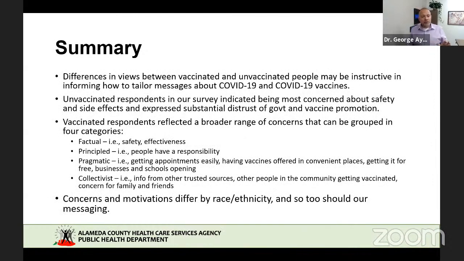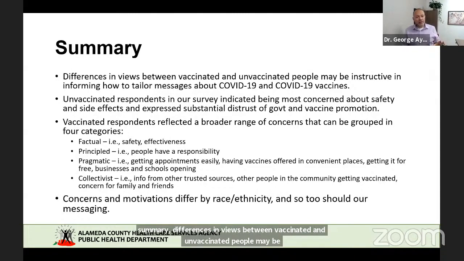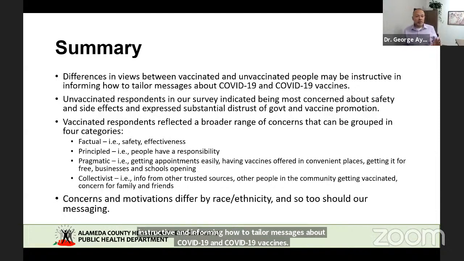And in summary, differences in views between vaccinated and unvaccinated people may be instructive in informing how to tailor messages about COVID-19 and COVID-19 vaccines. Unvaccinated respondents in our survey indicated being most concerned about safety and side effects, and expressed substantial distrust of government and vaccine promotion.